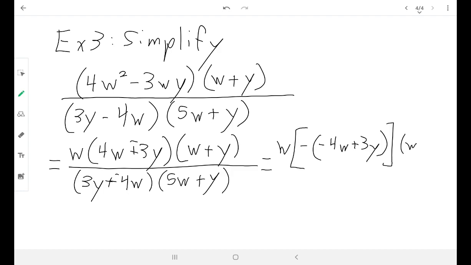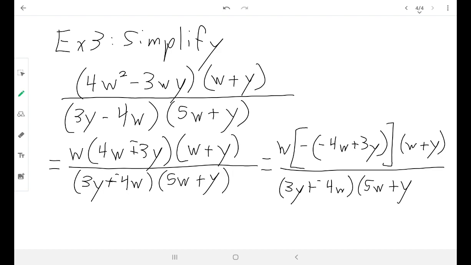And then I still have this w plus y up here. And on the bottom, I have positive 3y plus negative 4w times 5w plus y.